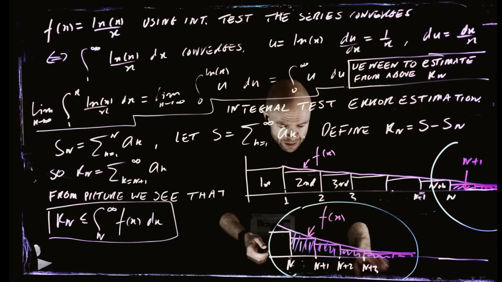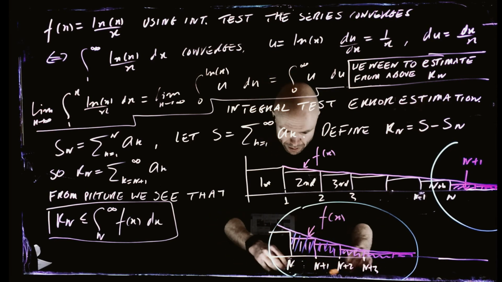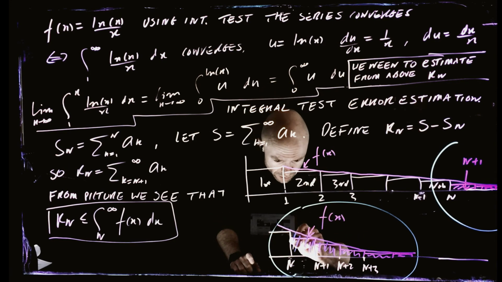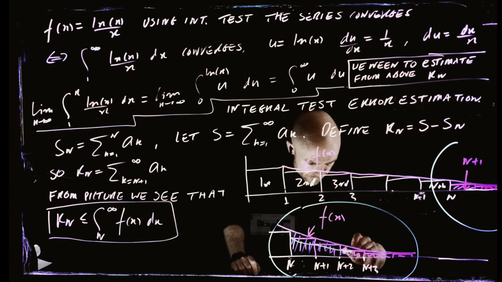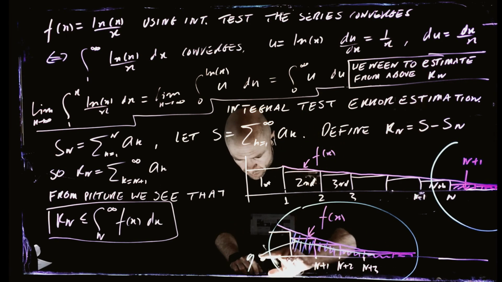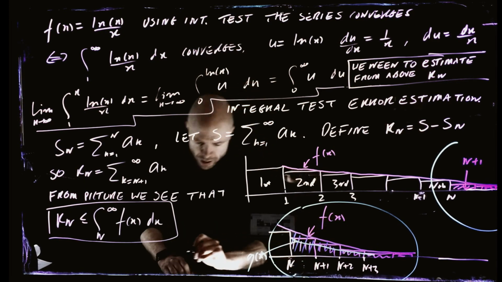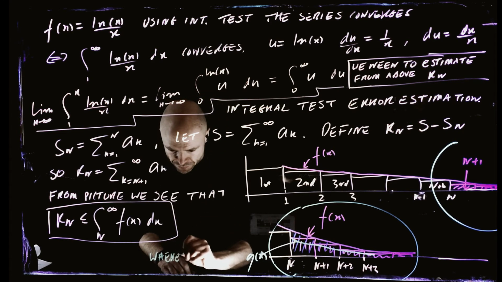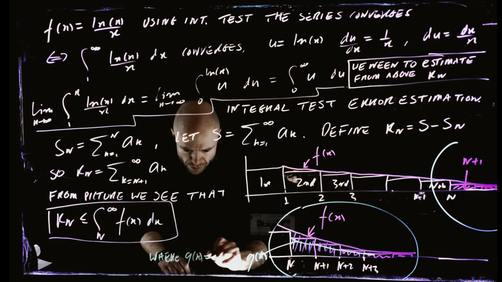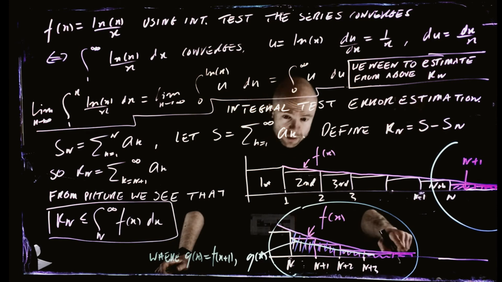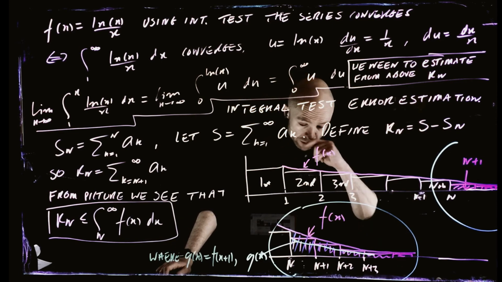But what we learned was that if we define a function g like this, so this is our function g of x, where g of x is equal to f of x plus 1, then that thing is exactly underneath the blocks. That's exactly what we saw before.